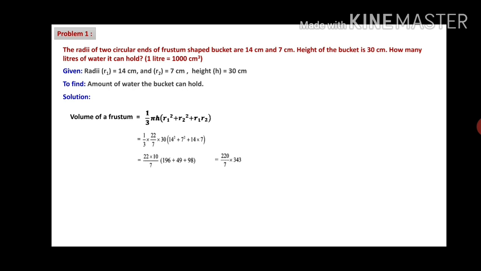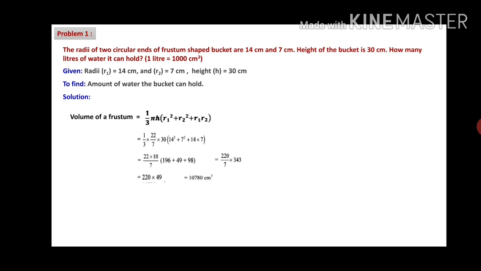3 1s are 3 and 3 10s are 30. So 22 into 10 upon 7 into the bracket, the squares of respective terms and products, which are 196 plus 49 plus 98, which will be equal to 220 upon 7 into 343.